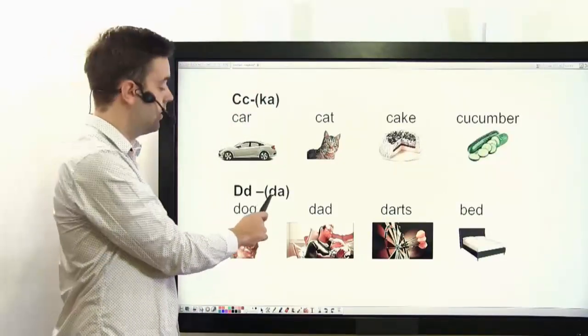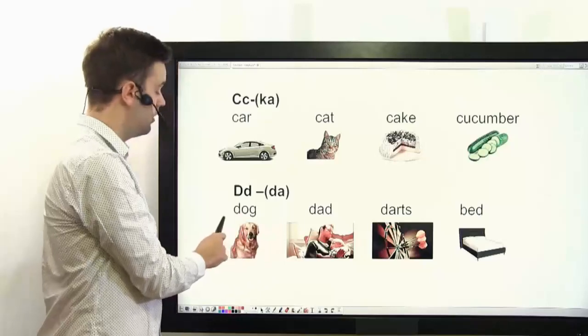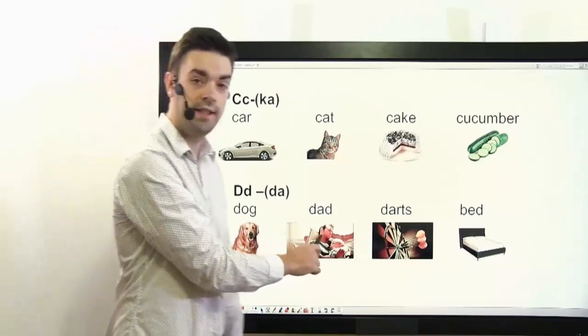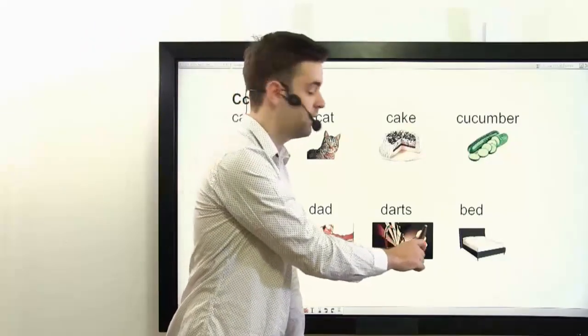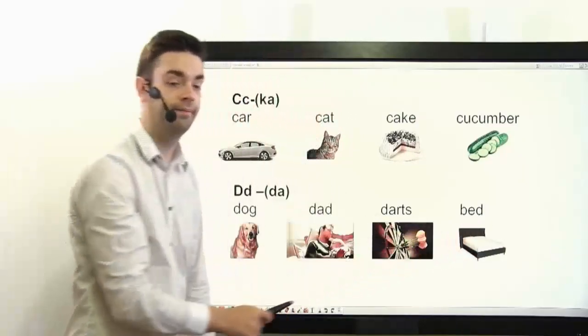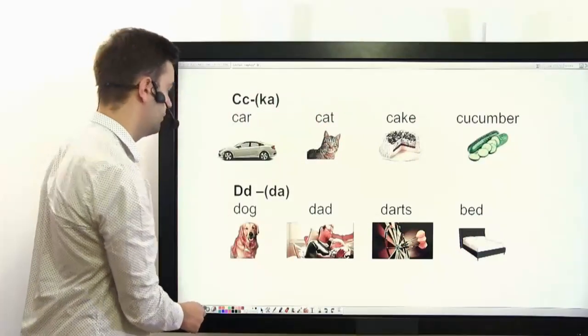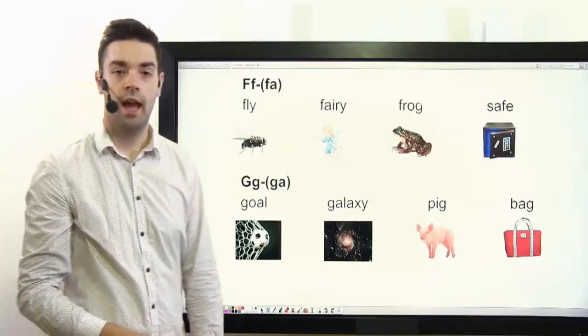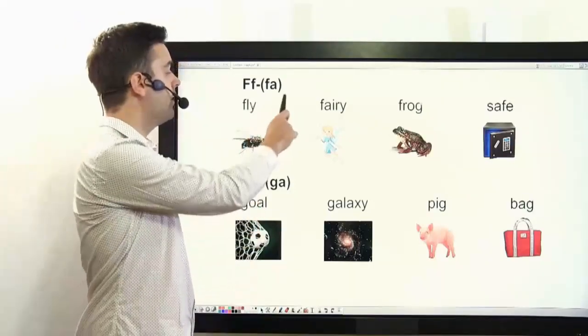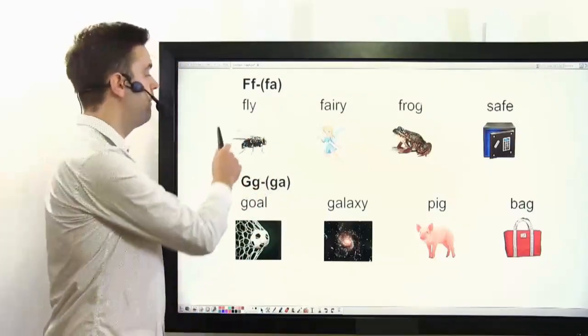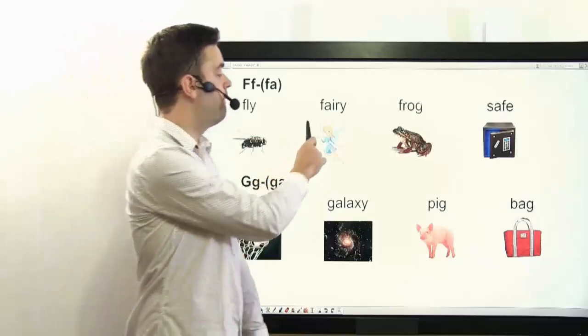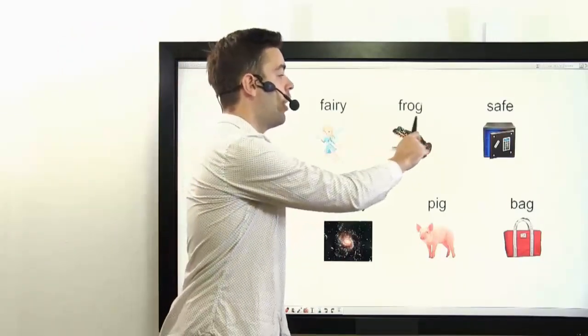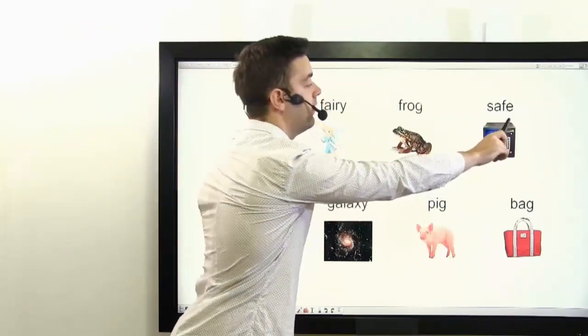D, dog, dad, darts, bed. F, fly, fairy, frog, safe.